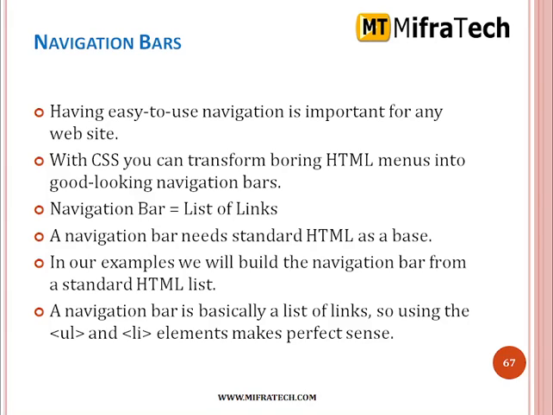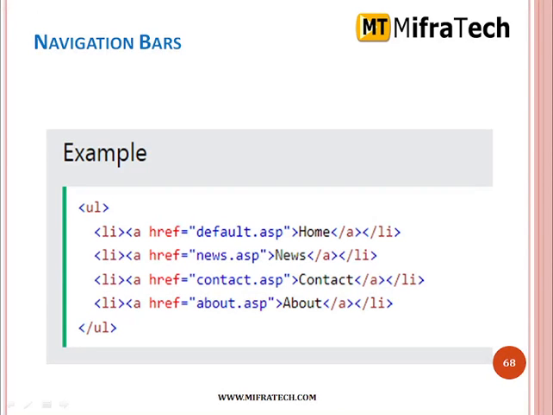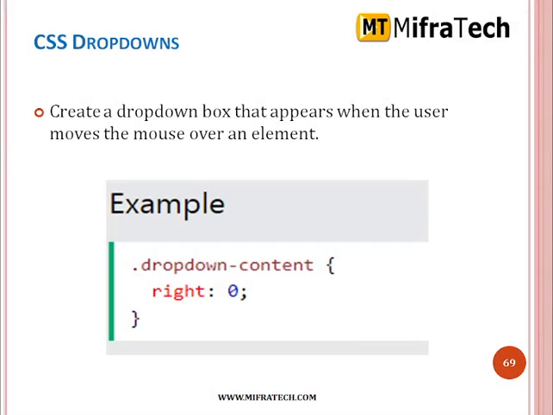Since a navigation bar is basically a list of links, using an unordered list and list elements makes perfect sense. Example: an unordered list, the default styling, linking to HTML pages. Here you can see the example.